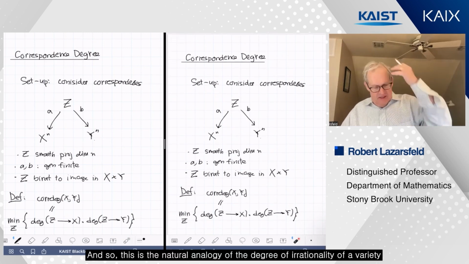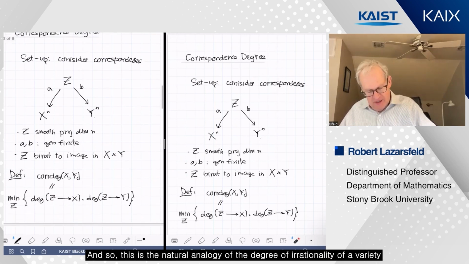This is the natural analog of the degree of irrationality of a variety.